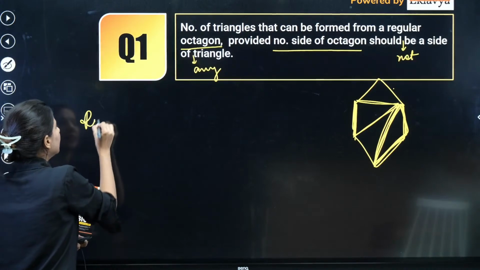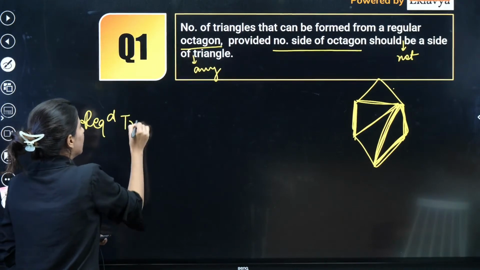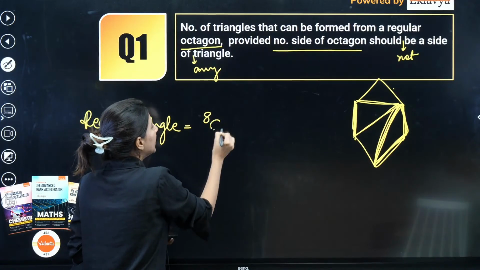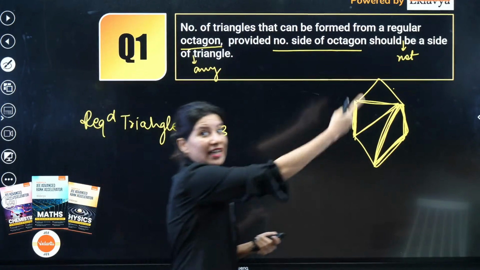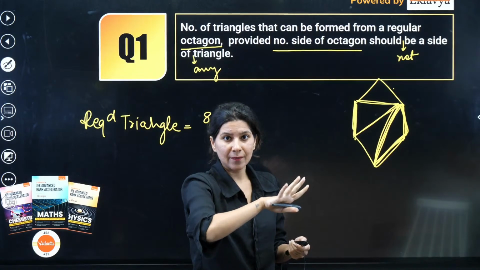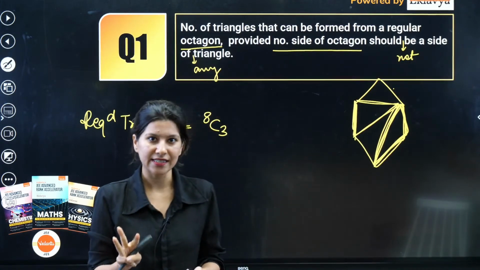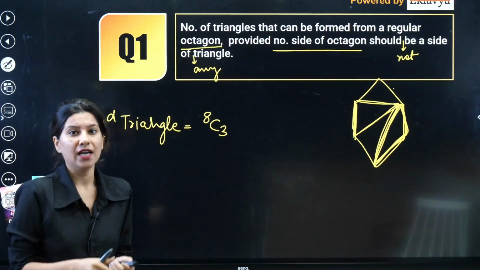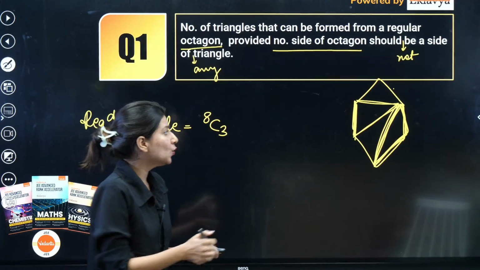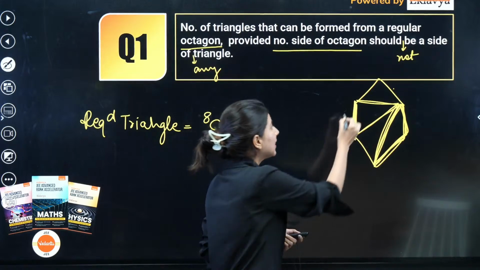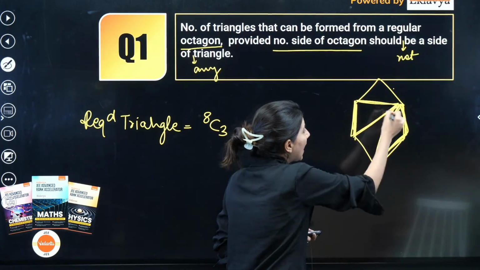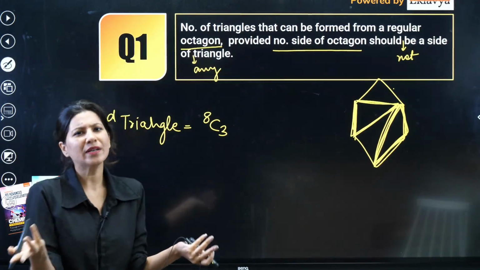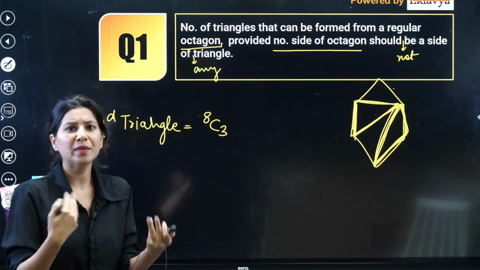So required triangles will be total triangles minus the bad ones. Total triangles will be 8C3. That means out of 8 vertices, I will select any 3 vertices and form a triangle. This is 8C3. Does this 8C3 include those triangles wherein one side is common and wherein 2 sides are also common? Three sides common, there will be no such case.